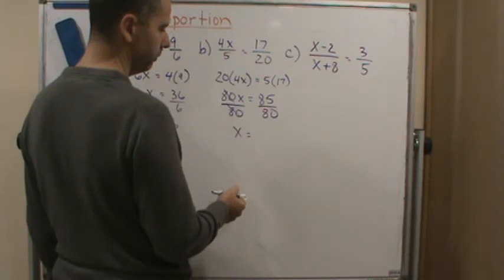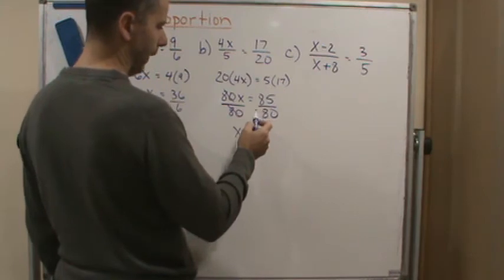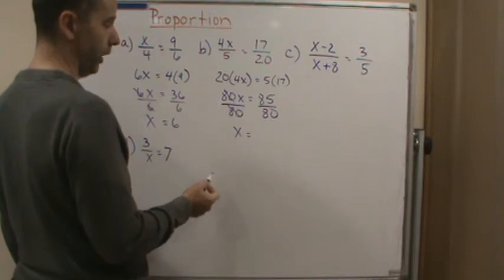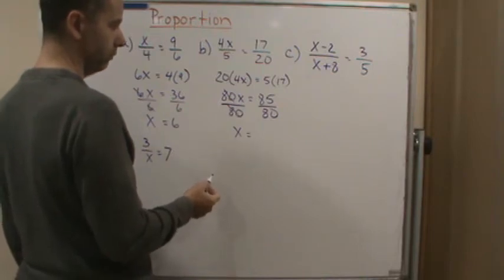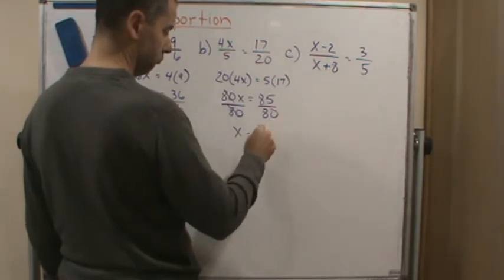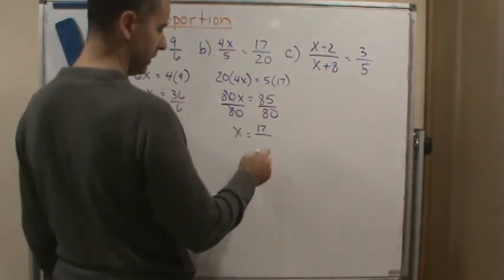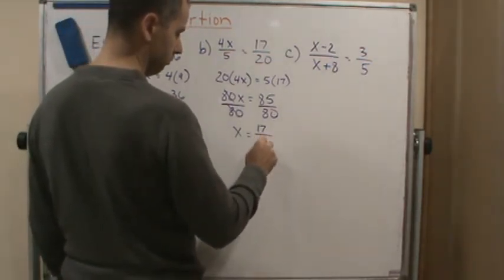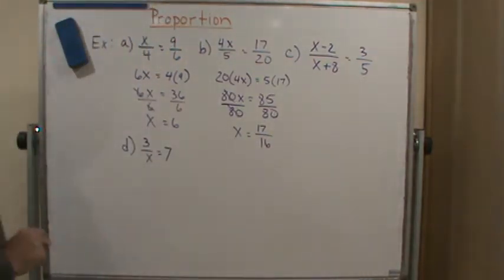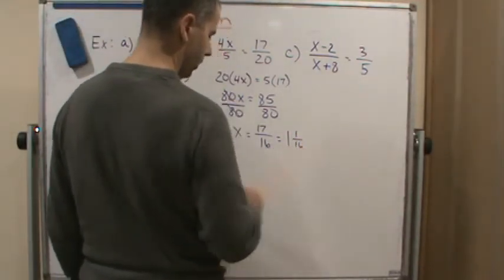Well, 85 divided by 5 is 17, and 80 divided by 5 is 16. And so that's our answer: 17/16, or 1 and 1/16.